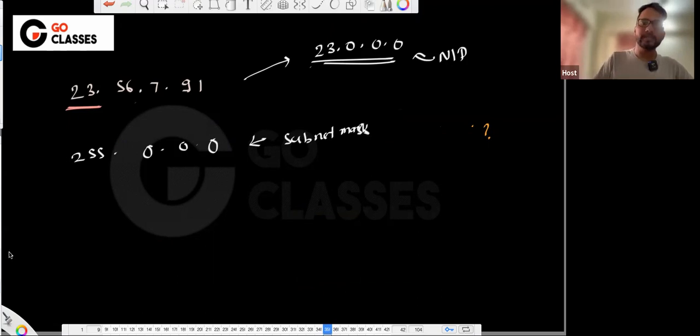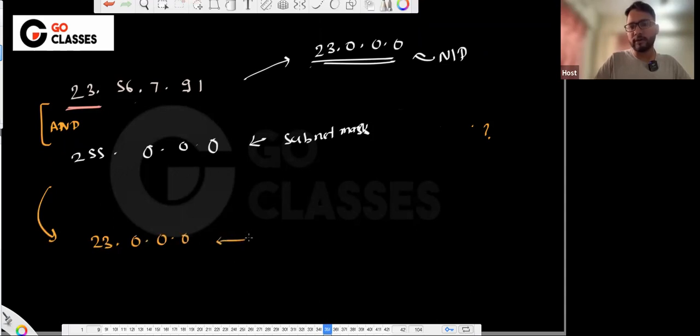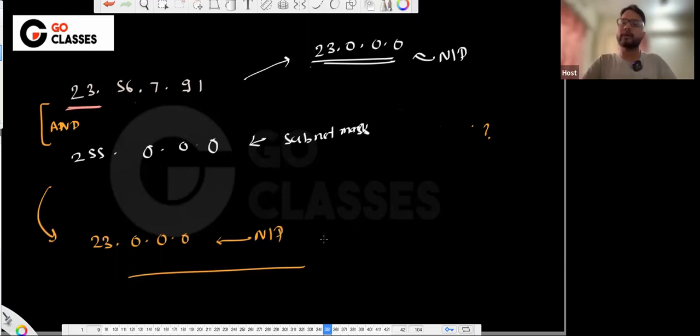It is used to perform a bitwise AND with the IP address to find the network ID. If you do the bitwise AND of these two numbers, you get 23.0.0.0 as the network ID. So the subnet mask is used only to find the network ID.